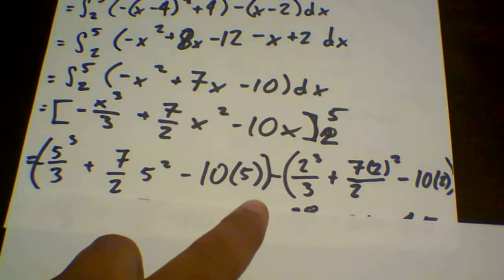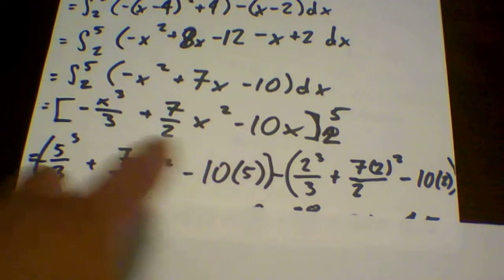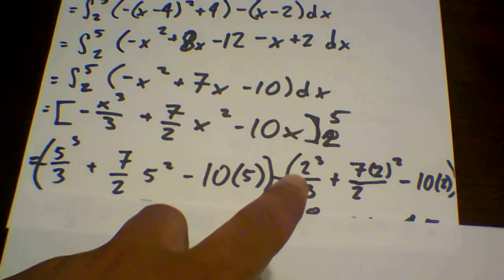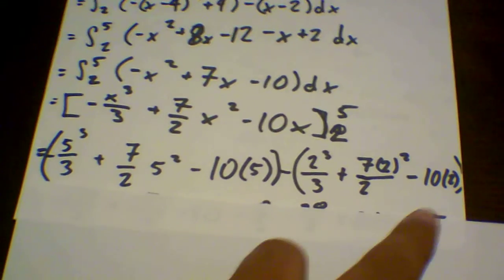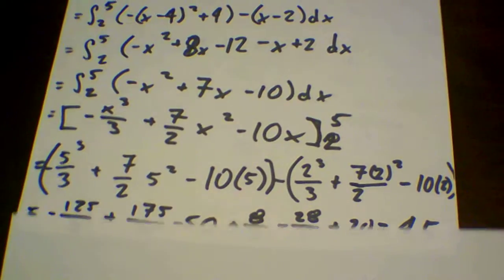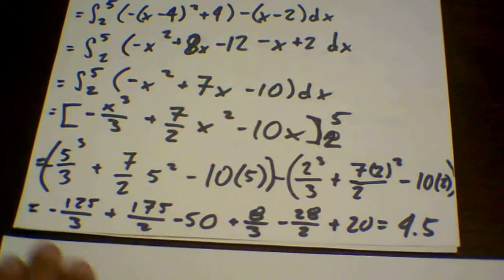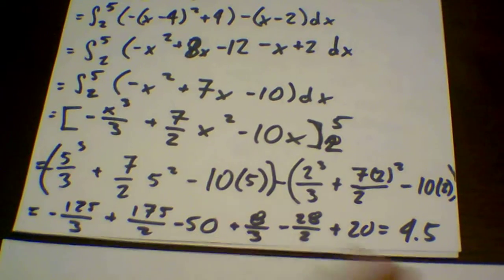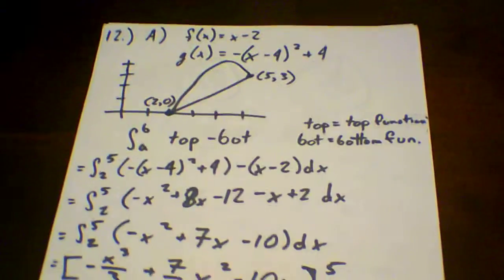And then I subtracted it with the equation plugging in the 2. See? Then I plugged all in, then I distributed, and then I found all the math basically. And it equals 4.5. This is 12A.